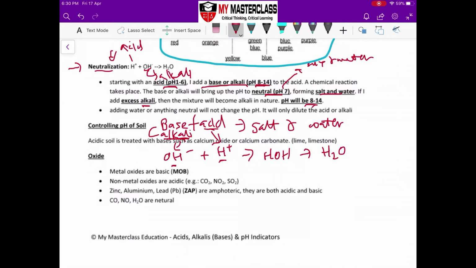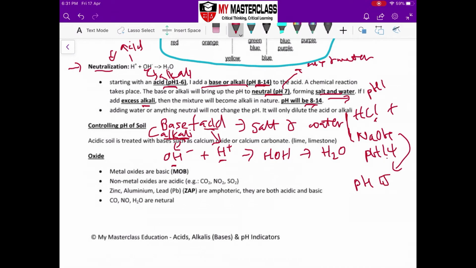Why do I tell you this? It is because some students will think, okay, I have HCl plus NaOH. HCl pH 1, NaOH strong alkali pH 14. When you add the acid to your alkali, what will we get? Will I get pH 15 because 1 plus 14?